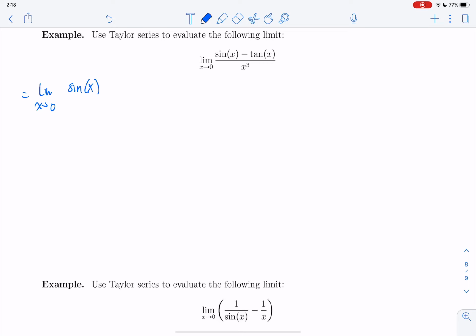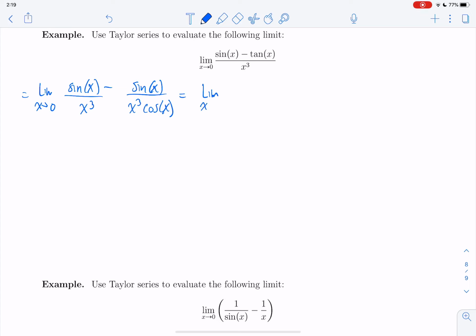minus, well, we'll say sine of x over x cubed minus sine of x over x cubed cosine of x. And so if you're going to write it all this way, what you want to write out is the following.